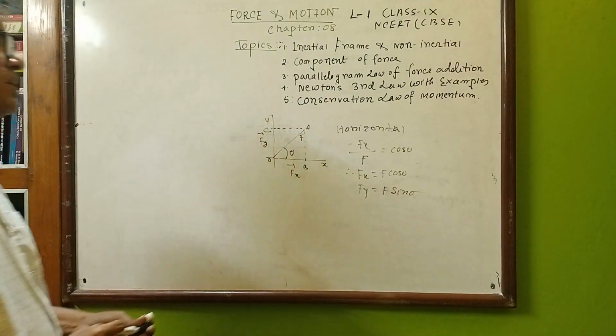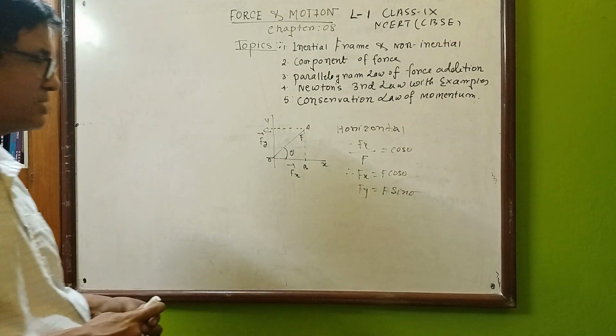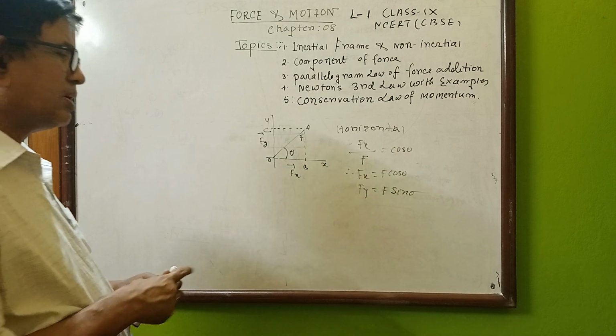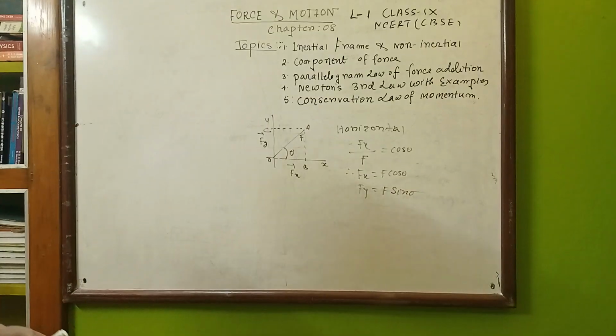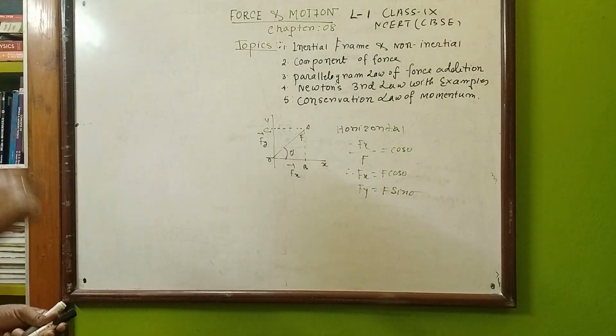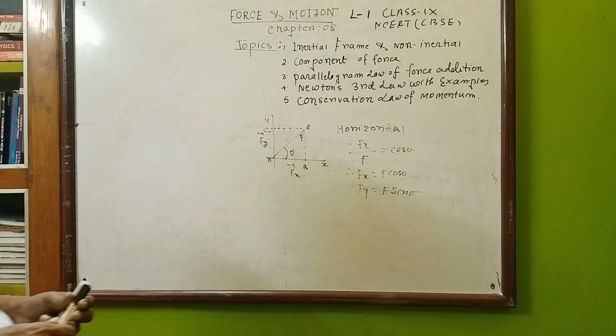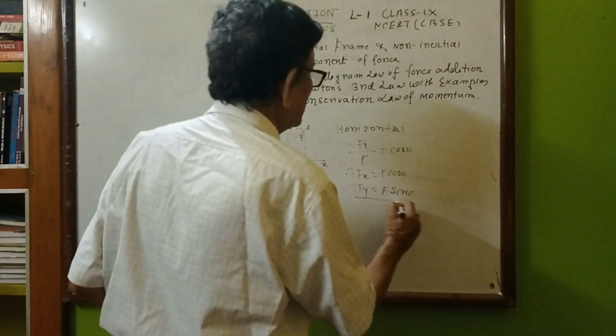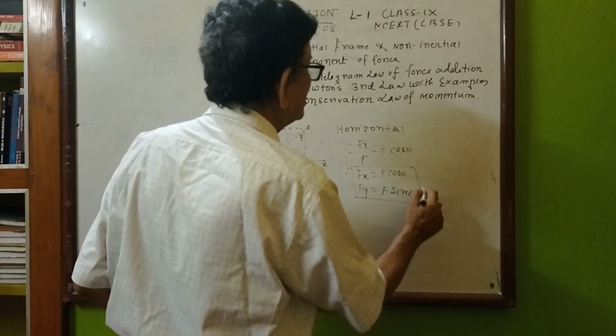That means any force making angle theta with the x-axis has two components. One component is along the x direction, the horizontal direction, that is F cos theta, and another component is perpendicular to the x-axis, along the y-axis, that is F sin theta. So we always remember these two components. Very important, these two components.